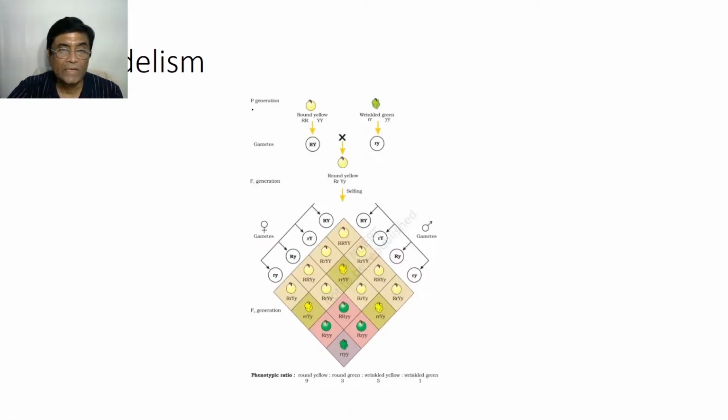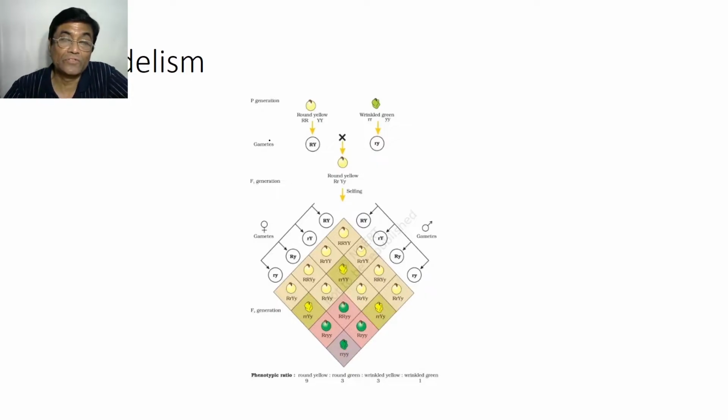Mendelism, you see, you have the parent generation: round and yellow seed pea, and wrinkled and green seed pea. Okay, these are the two characters he experimented with. One is round, pure round, capital R, capital R. Okay, so these are called gametes.